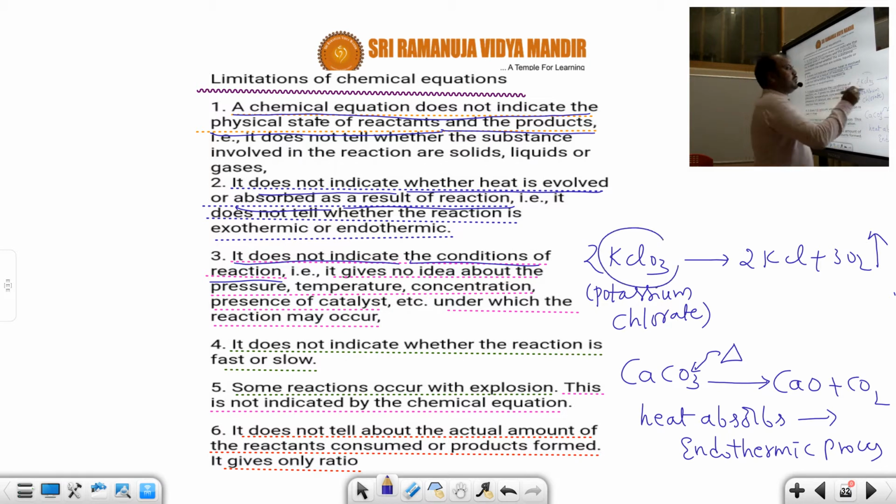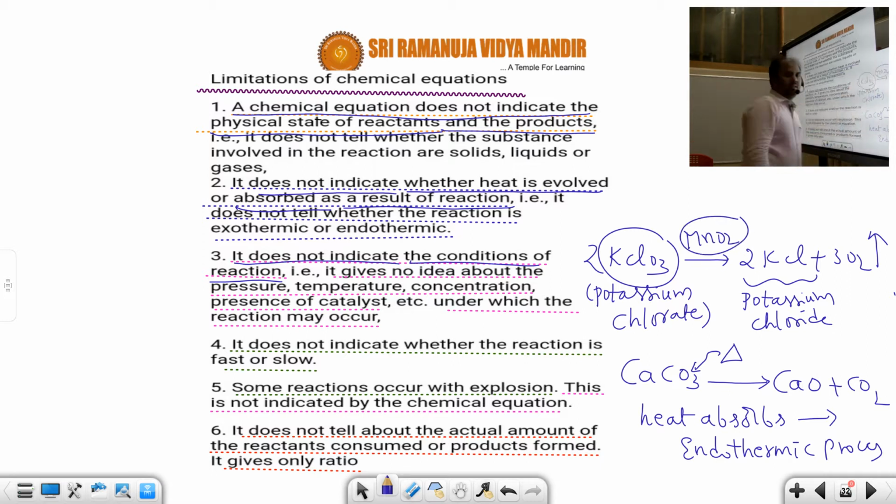But for potassium chlorate to be converted into potassium chloride and release oxygen gas, we need a catalyst, manganese dioxide. So in this chemical equation a catalyst is required. Without the catalyst, this reaction does not occur. This reaction is not feasible.